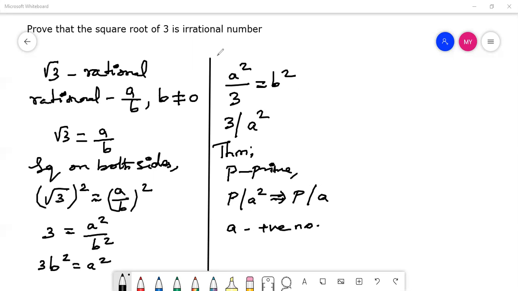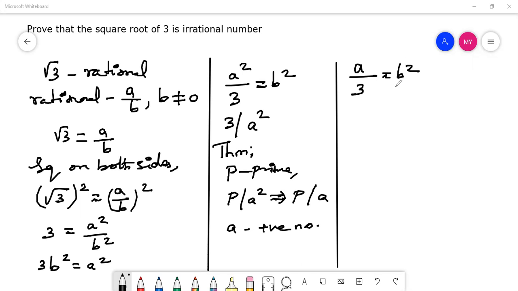So from this note, instead of a square, I can replace it as a. From this step, I am writing here 3 divides a.